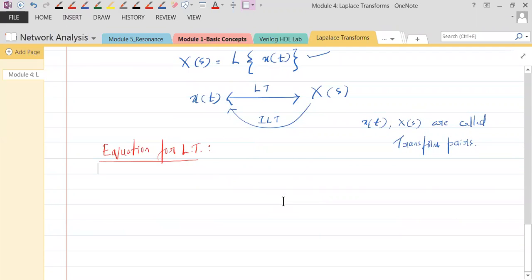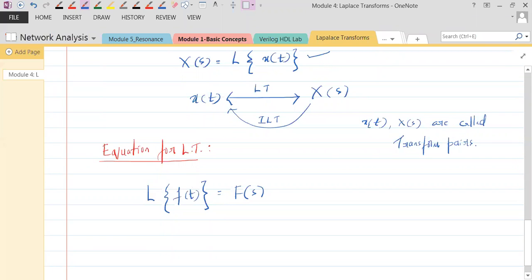If you have f of t and you apply Laplace transform on this, what would you obtain? You would obtain F of s. If you have x of t, you will obtain capital X of s. That's it.